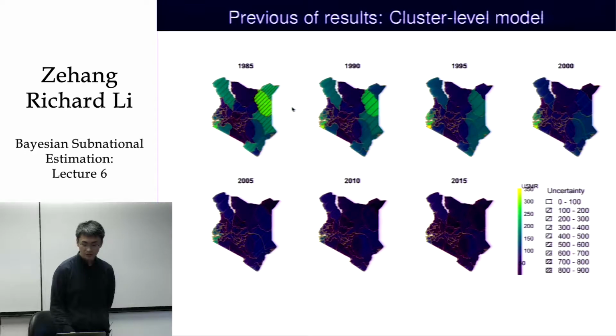Once we start modeling on the cluster level, it really doesn't matter that we don't have a death, because we still have some information there, and we can hopefully get better estimates in some of those situations.